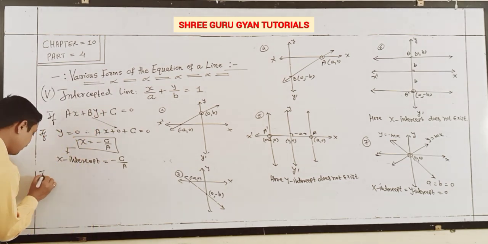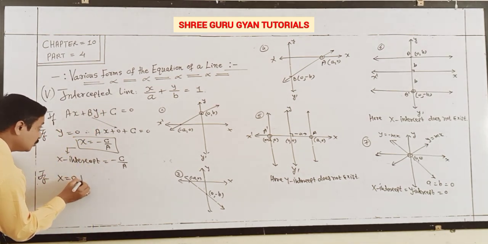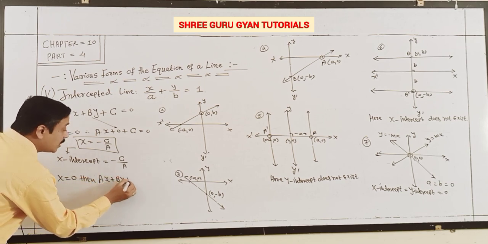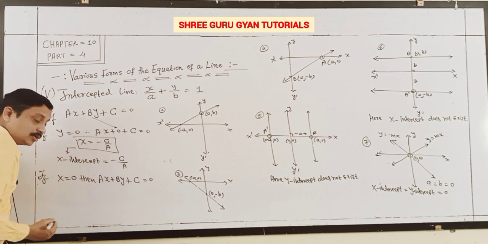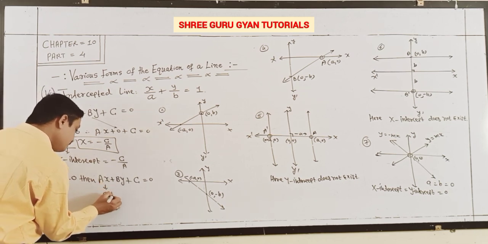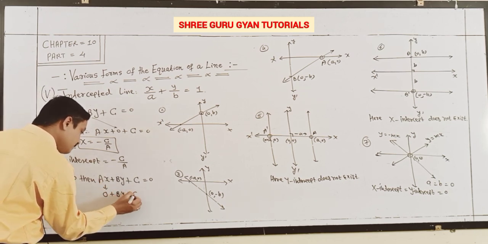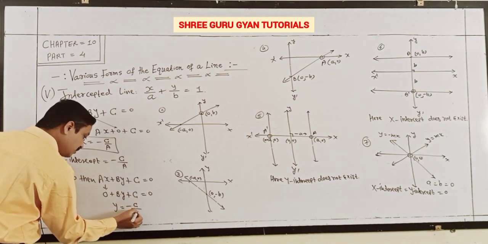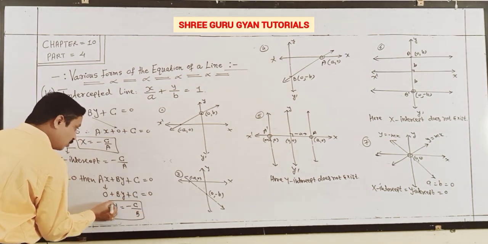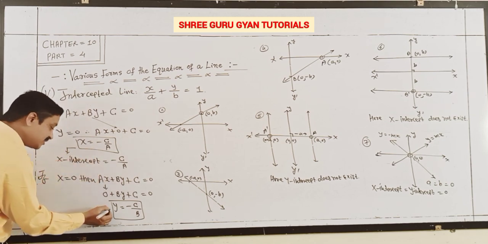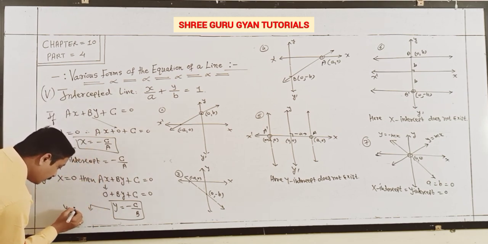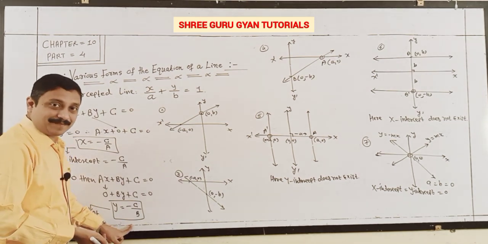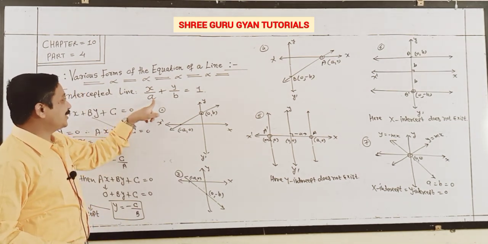One more, if x is equal to 0, then the line ax plus by plus c is equal to 0, and you operate with 0, so y is minus c by b, and this part is called your y-intercept, and this is called small b. That's your small a and small b.